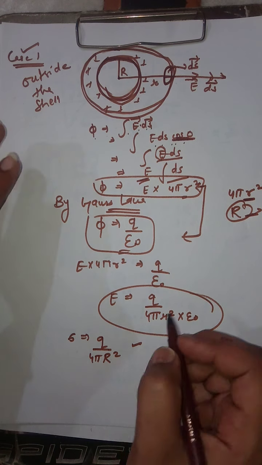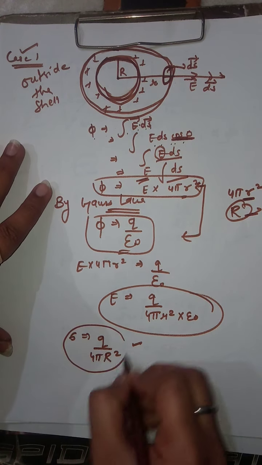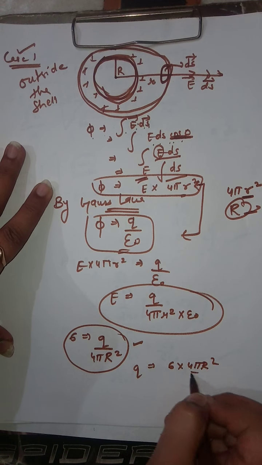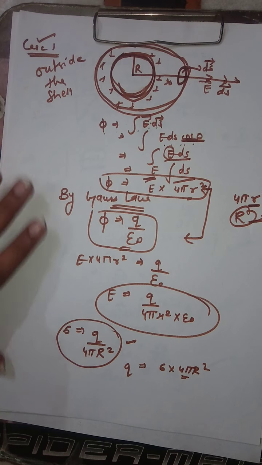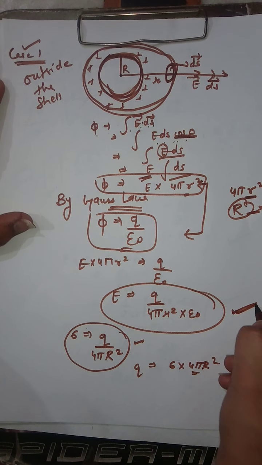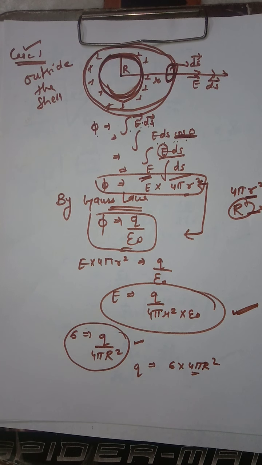So, calculating the value of Q from this expression, we will get sigma into 4 pi R square. Using the value of Q in this equation. Note and learn step by step, otherwise you aren't able to learn the articles. You aren't able to know what steps we are going to do in the article and why.